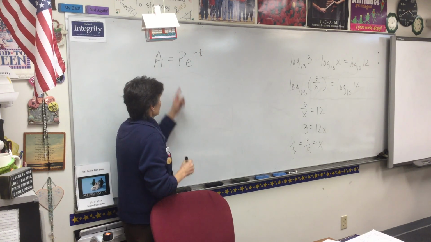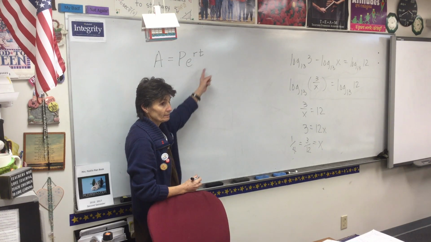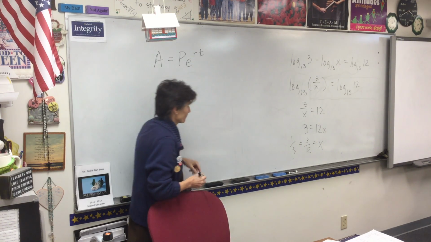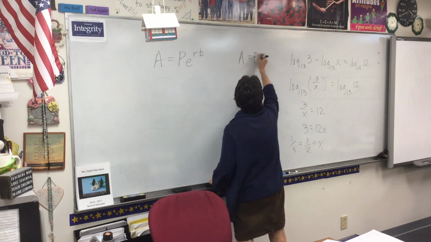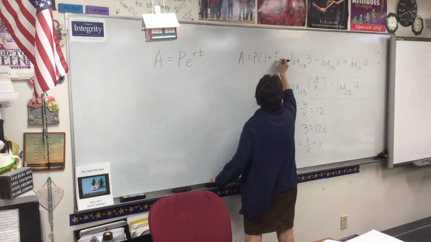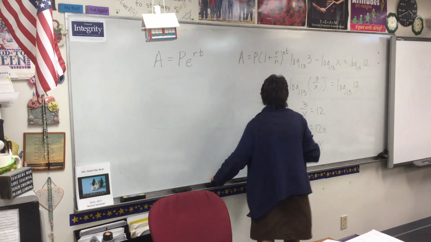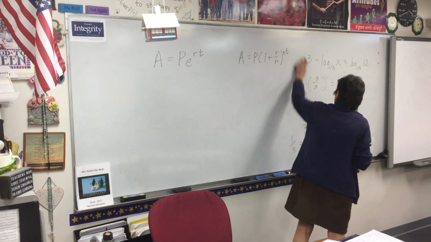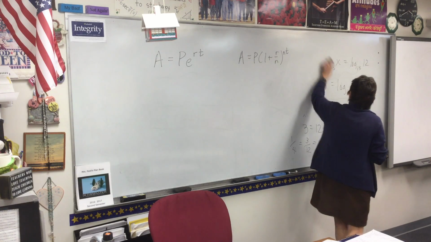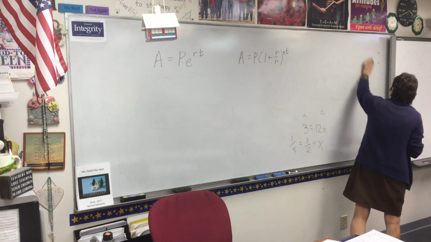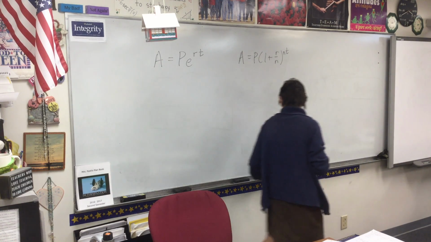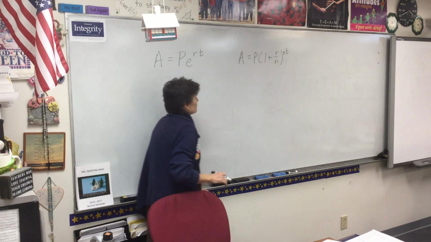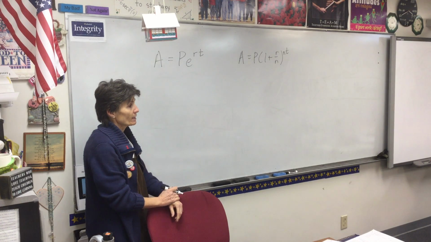We have what's called the Pert Formula. And then we have another one. Now, I don't know if you used these formulas last year or not. It doesn't really matter. After you've done a few problems, you're going to find you already have them memorized.